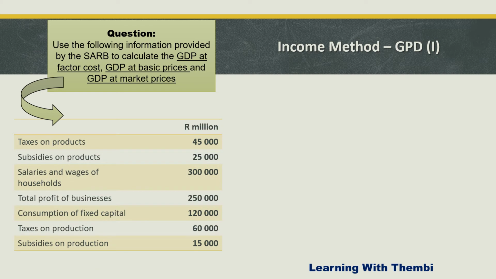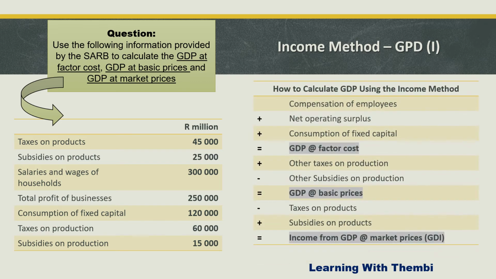And we all know that the formula to calculate the GDP using the income method looks like this. You have been provided with the taxes on products together with the subsidies on products, the salaries and wages of households, the total profit of businesses, the consumption of fixed capital, and taxes on production together with the subsidies on production.